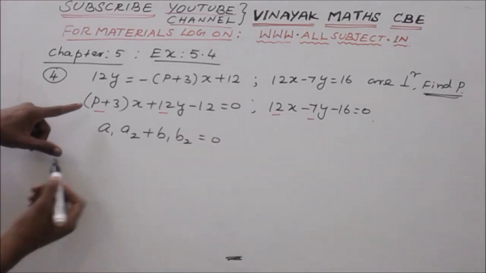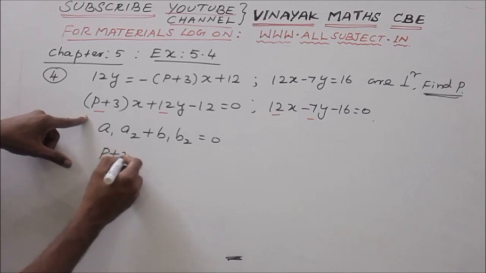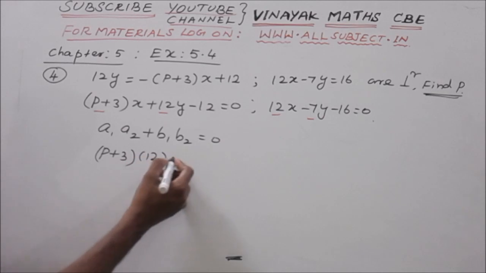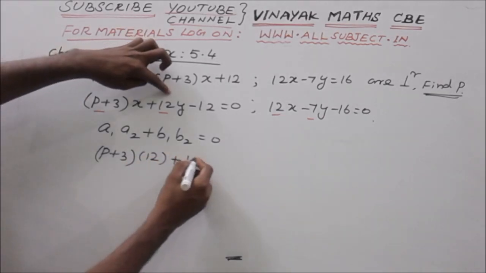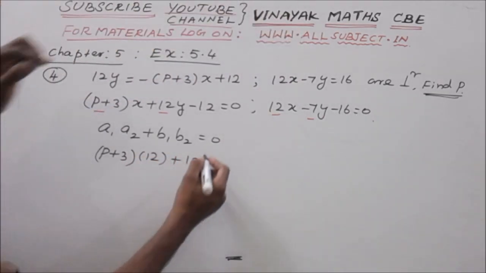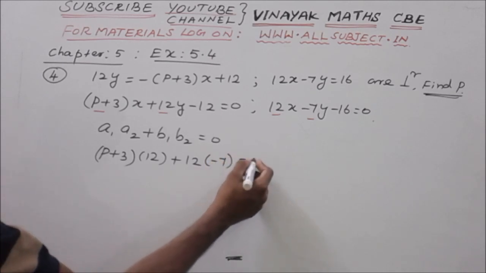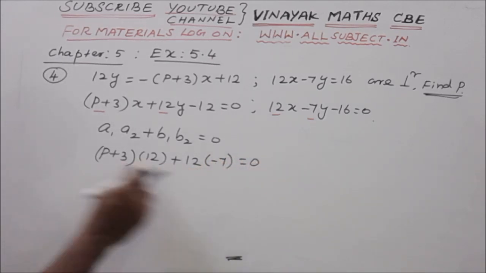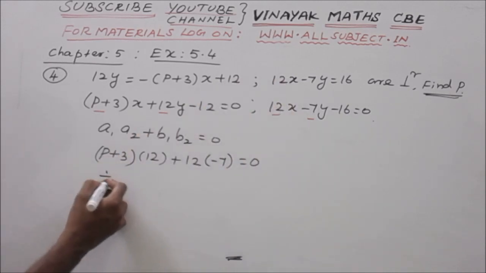Now a1 is p plus 3 into a2 is 12 plus b1 is 12 into b2 is minus 7 equal to 0. Now both have 12, so divide it by 12. That is very easy.